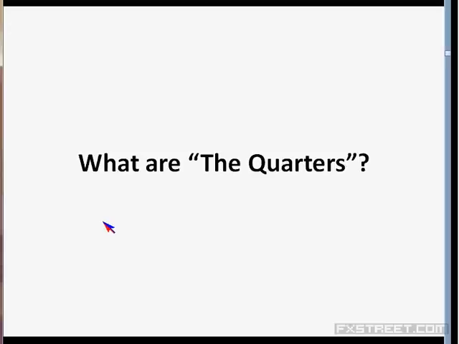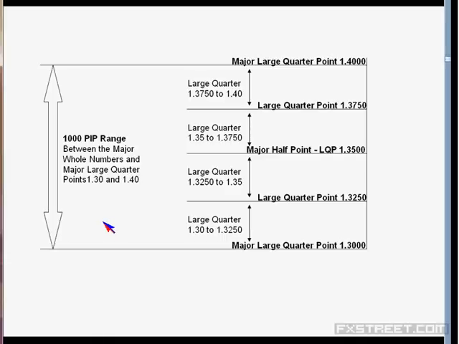The quarters theory focuses on the 1,000 pip ranges between the major whole numbers in currency exchange rates and divides these ranges into 4 equal parts, or 4 large quarters. Each 1,000 pip range contains 4 large quarters, and each large quarter has exactly 250 pips. The numbers that mark the beginning and the end of each large quarter are called large quarter points.